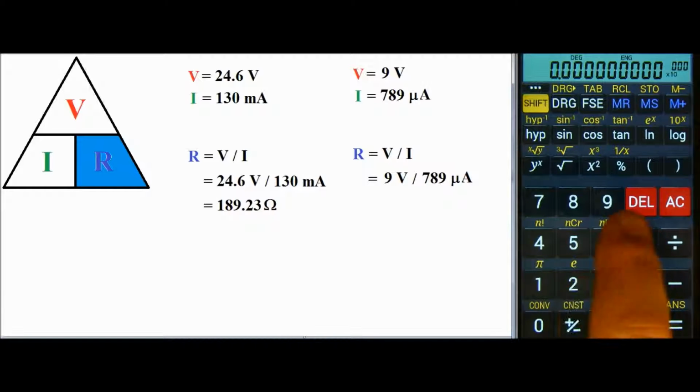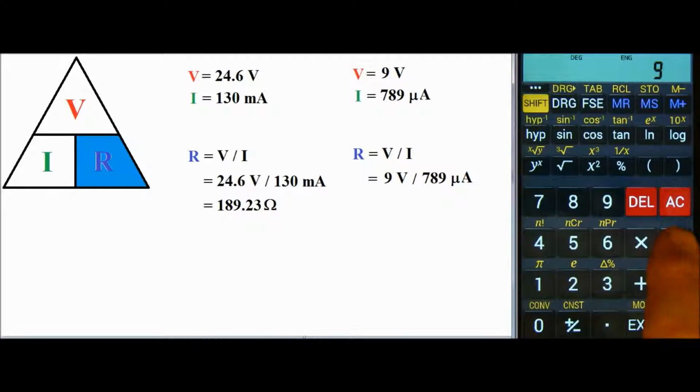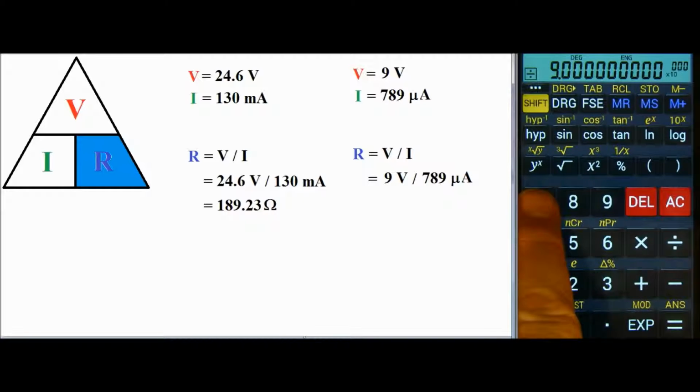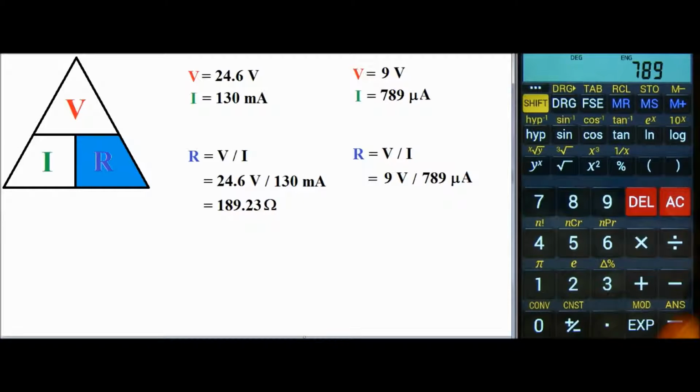So we have 9 volts divided by 789. Now micro is an exponent of -6. And we get a resistance of 11.407 k ohms when we round up.